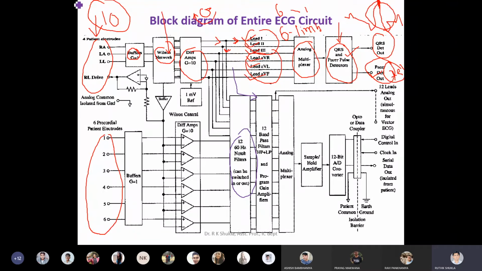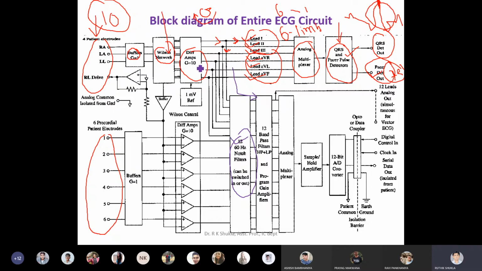So if you are using 4 channels, you need 4 filters and 4 amplifiers. If you are using 8 channels, 8 filters and 8 amplifiers, and if you are using 12 channels, then you need 12 amplifiers and 12 filters. Clear? So here you can see they are using 12 different filters.